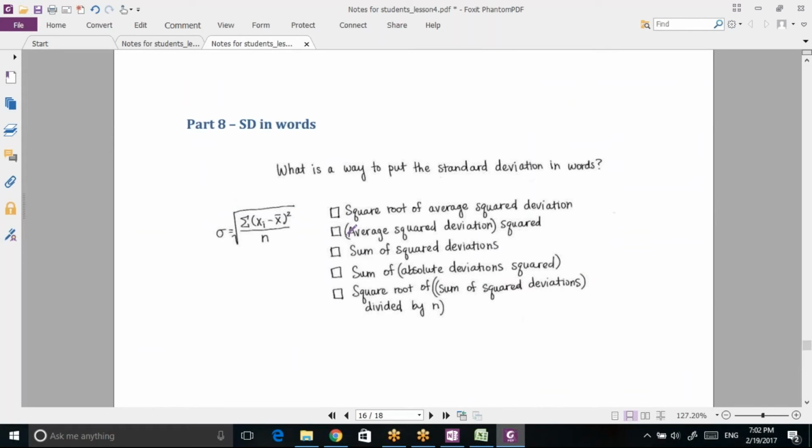Now tell me this. What is a way to put the standard deviation into words quickly?